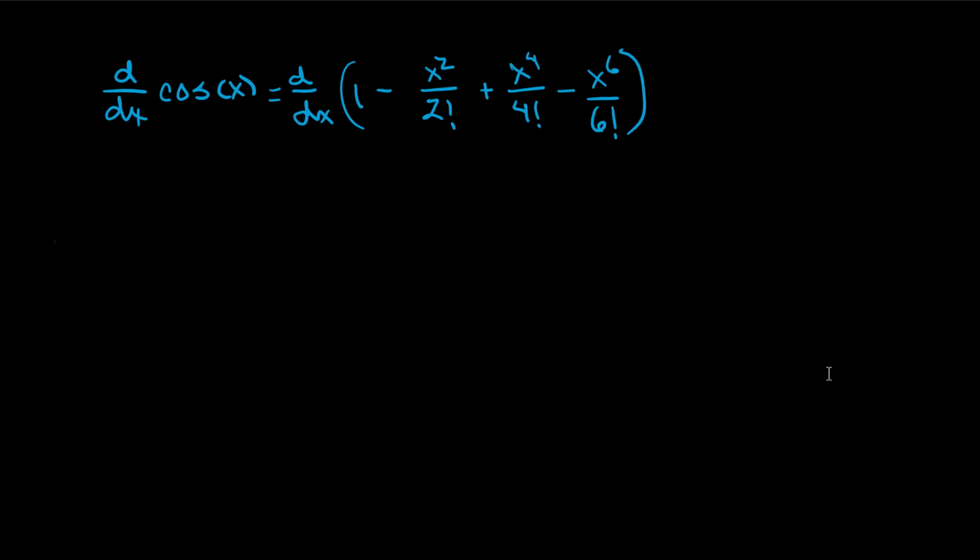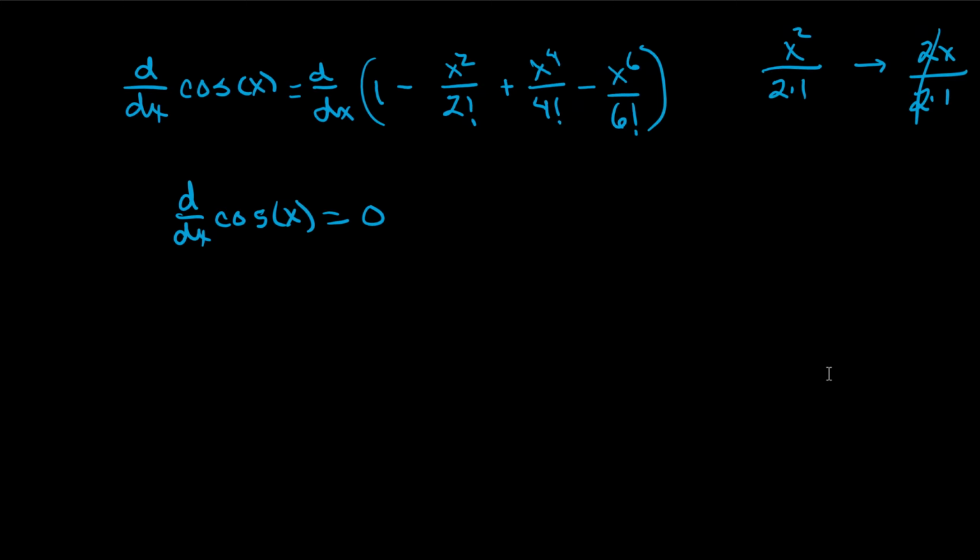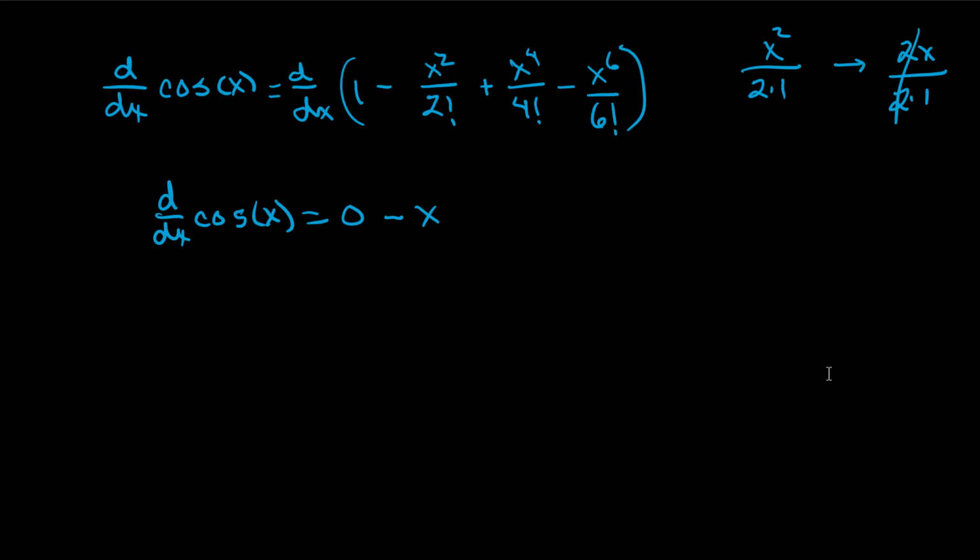Well, if we take the derivative of this term by term, what we're going to wind up with here is that the derivative of the cosine of x is going to be the derivative of 1, which is 0. Now, you need to be mindful here. If we're looking at this x squared, 2 factorial is 2 times 1. So if we take the derivative, we have 2x over 2 times 1. The 2's cancel, so we have x. Then we're going to have minus x.